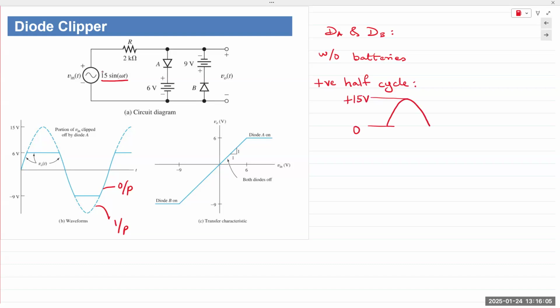Remember EE201, chapter 5? Voltage as a function of time, V of t is Vp sine omega t. Vp signifies both the positive and negative peaks, plus 15, minus 15. So which diode is on and which is off?